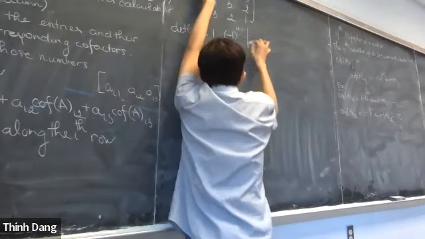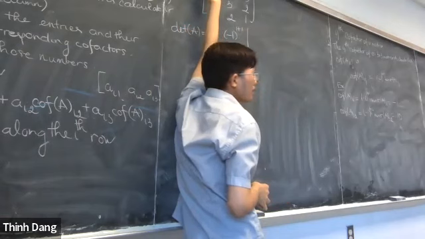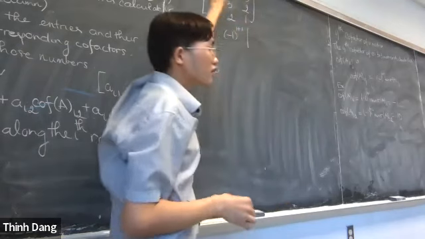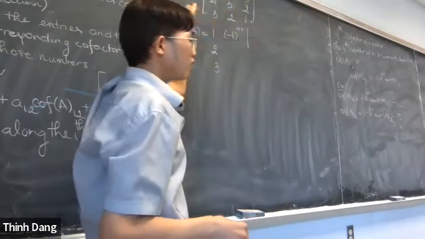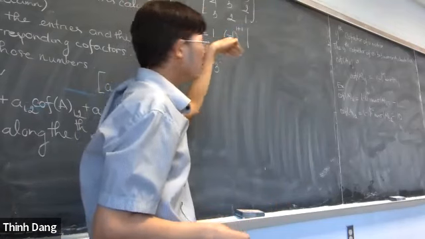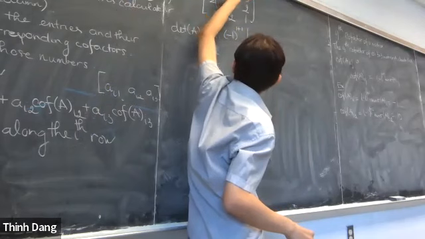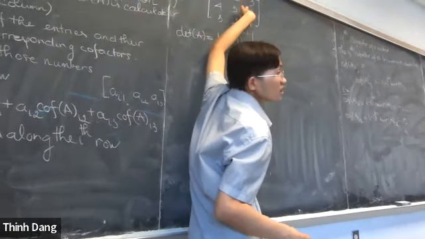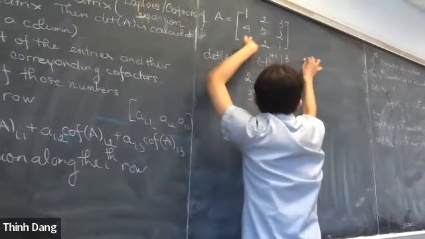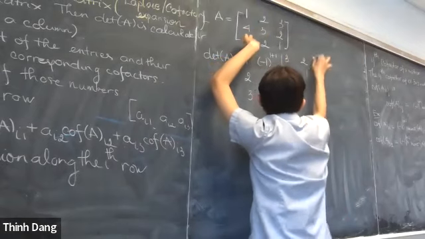And then followed by the minor, which is the determinant of the 2 by 2 matrix after we have deleted the first row and the first column. So delete the first column, delete the first row, you should have 3, 2, 2, 1.